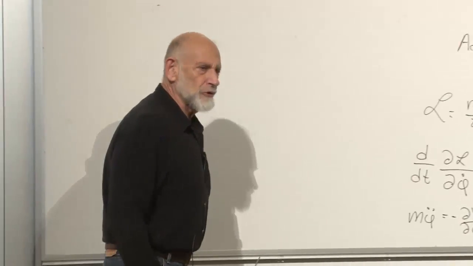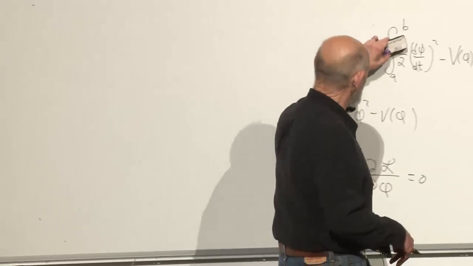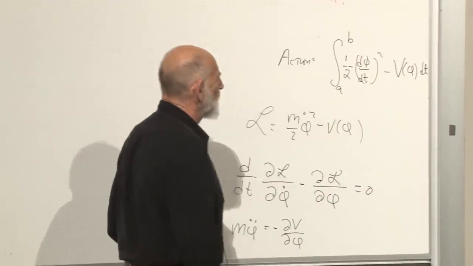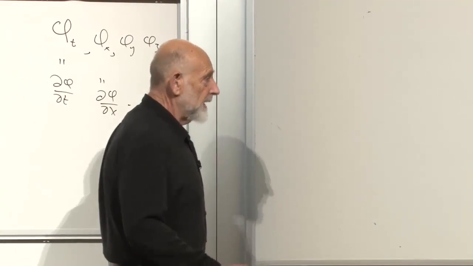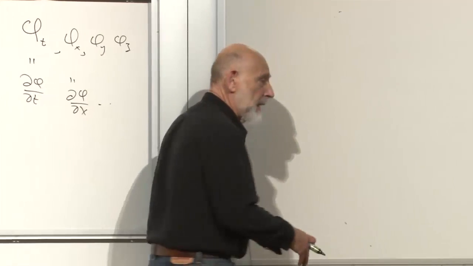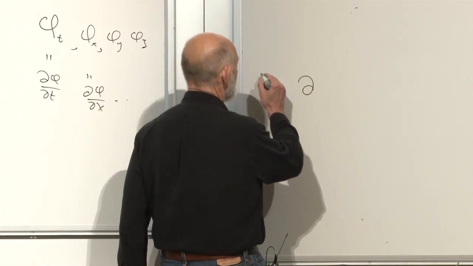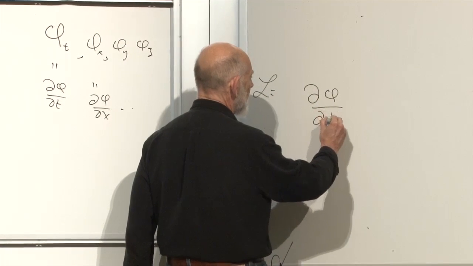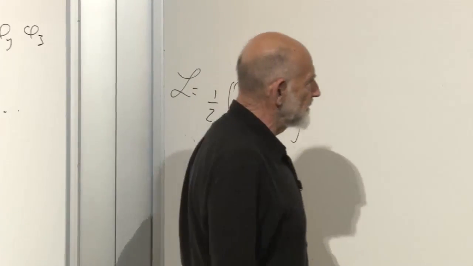And since it's just an arbitrary number, I'm going to set it equal to 1. Just 1/2 phi dot squared. All right, what would the generalization be? The generalization here might be a guess. That the Lagrangian contains d phi by dt squared. We'll put the 1/2 in.